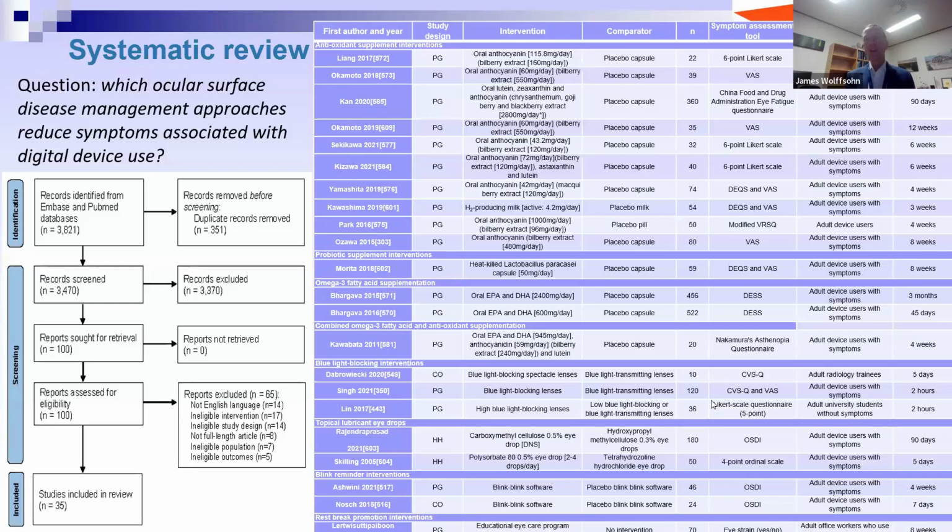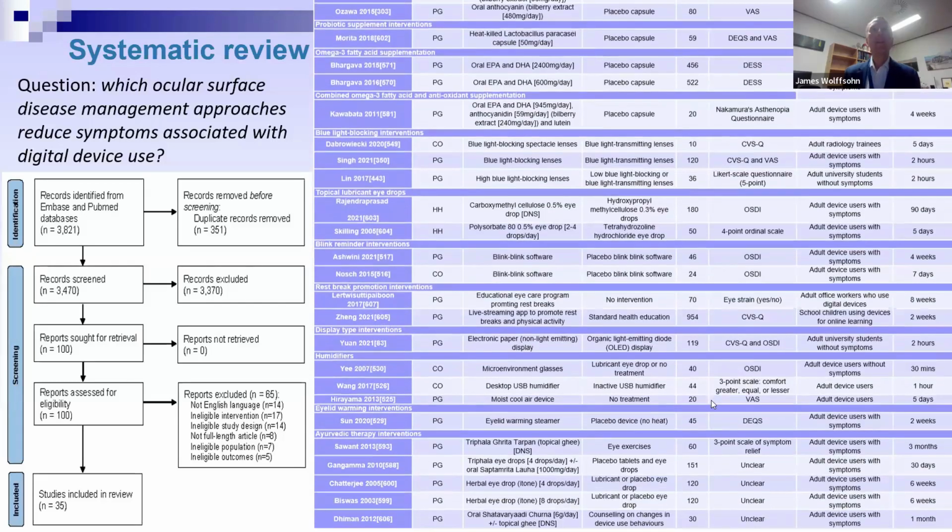And so a range of trials, relatively small trials on average, but looking at various aspects such as antioxidant supplement interventions, probiotics, omega-3 fatty acids and supplementation, combined omega-3 and antioxidants, blue light blocking interventions, topical lubricant drops, blink reminders and interventions, rest break promotion, and then display type interventions, so changing the display, humidifiers, eyelid warming interventions, and then these other adjunct therapies.